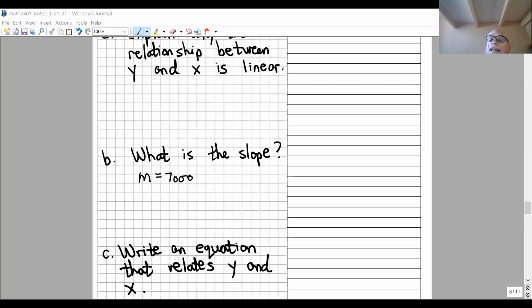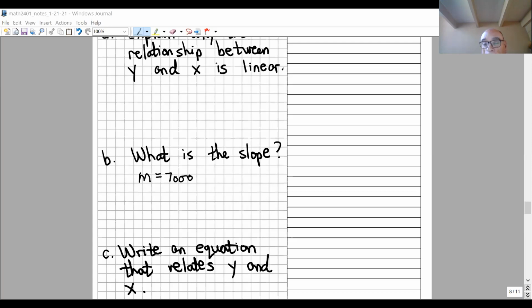That just refers to a particular type of relation. Let me see if I can get my windows out of the way so we can see the definition a little better here on the screen. So a function is a particular type of relation, and remember, a relation is a set of ordered pairs.